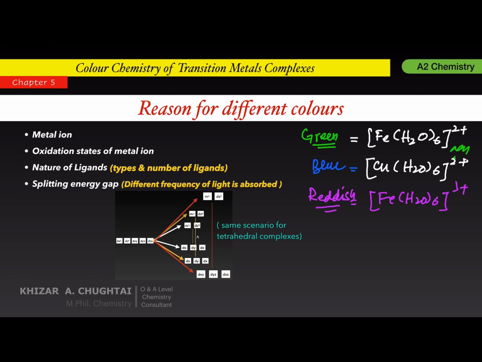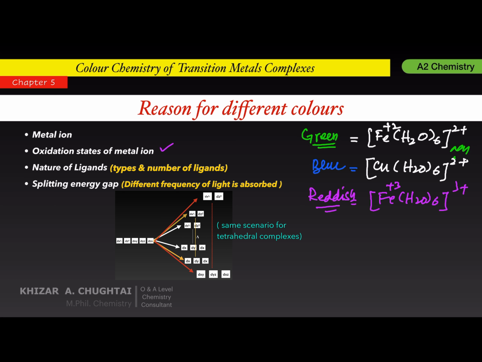And if we compare the first and the third one, I mean the green and the reddish complexes, both have the same metal, that is iron, but the first one has the iron plus 2 oxidation state, and this complex has the plus 3 oxidation state. So the oxidation state of the metal ion does matter whenever you check the color of the complexes.